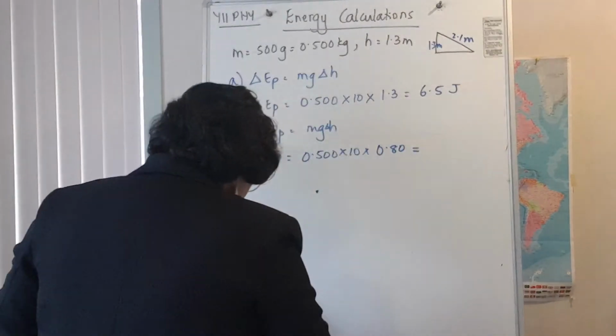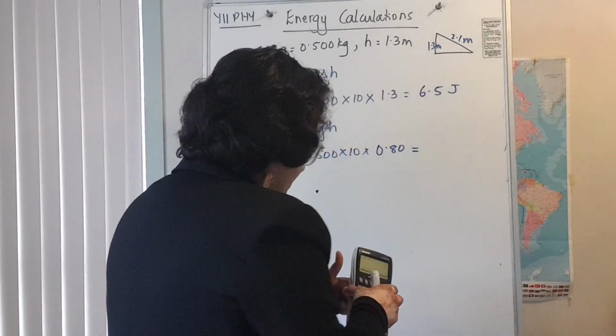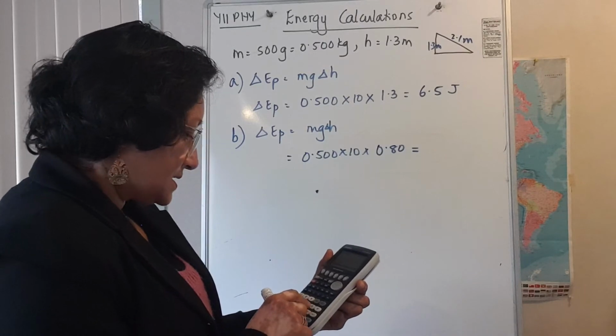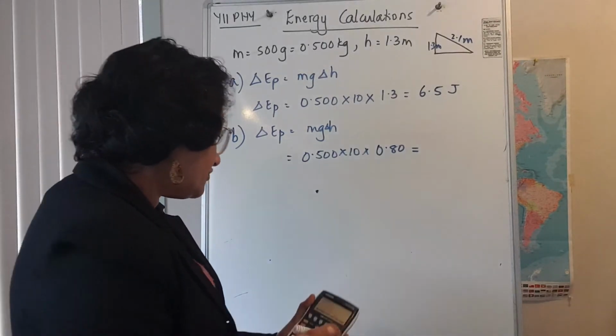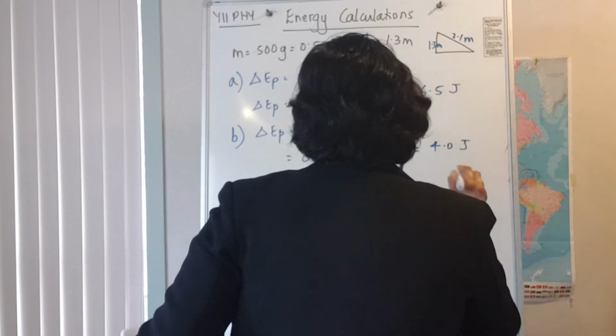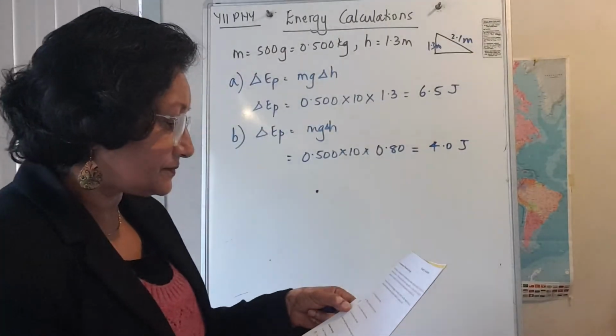So what do we get? I think you get 4 joules, just off the top of my head. So 0.5 times 10 times 0.8, so you get 4 joules, yeah. Okay, so you just write it as 4.0 joules, two significant figures.